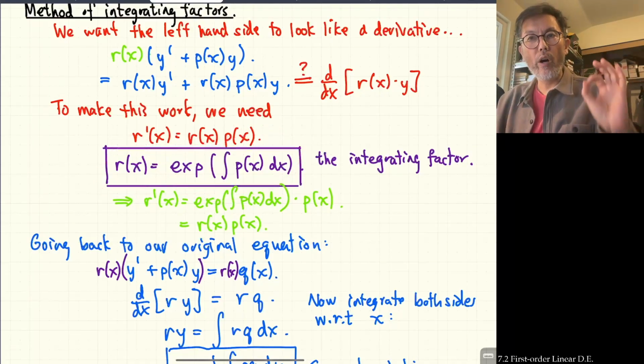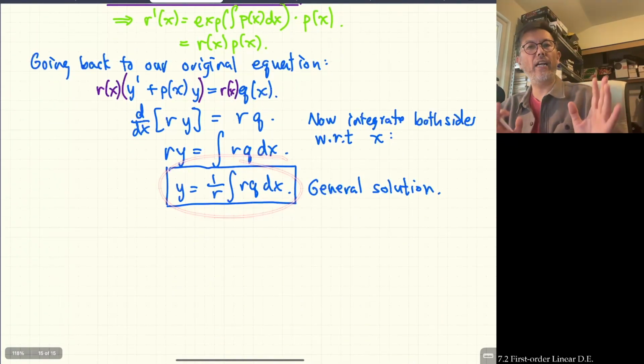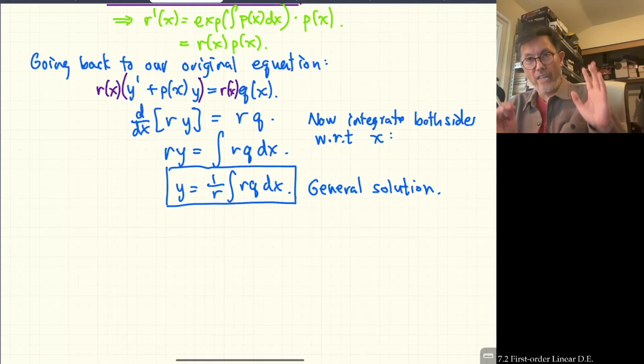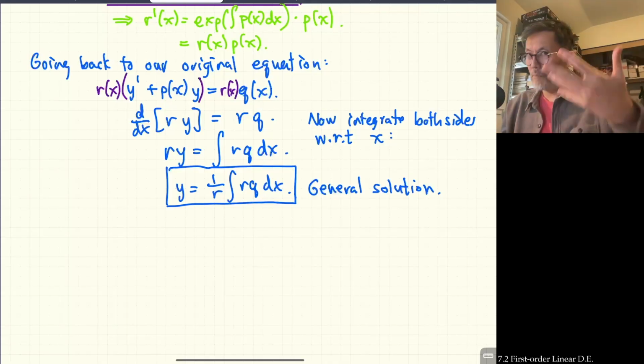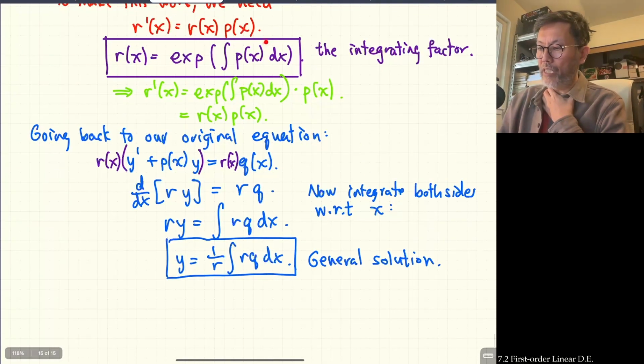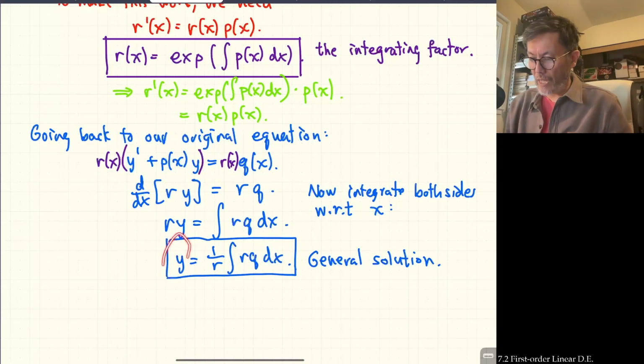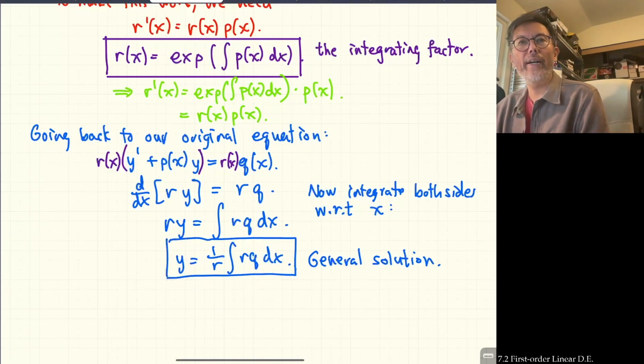Okay? Once you have that integrating factor, you can then immediately leap to writing down the general solution. It's an integral again, but you're all adults. You can handle that. You have a pair of integrals that you need to think about. But if you can do those pair of integrals, you can then explicitly write down what y is.